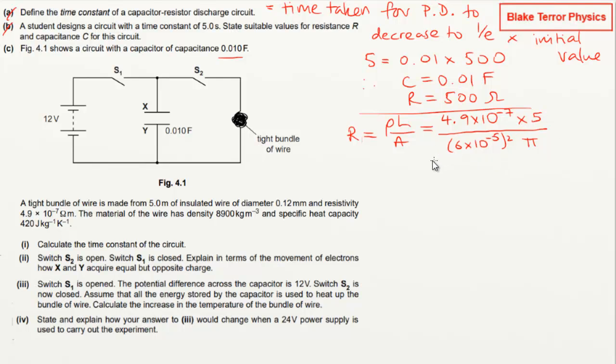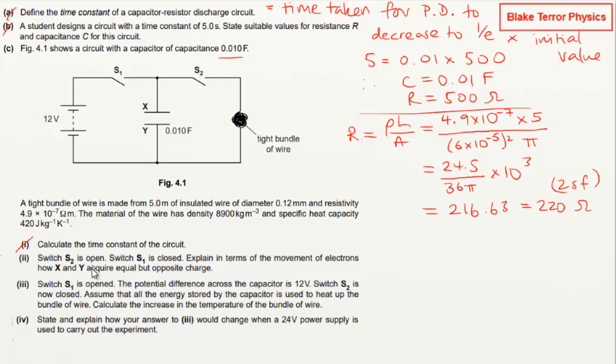Let's simplify it a little bit before typing all this into the calculator. We're going to have 24.5 over 36 pi times 10 to the 3. Now I'll go to the calculator with all of that, which gives 16.63, which is 220 ohms to 2 significant figures. Quite a lot of calculating to do, but there you go.